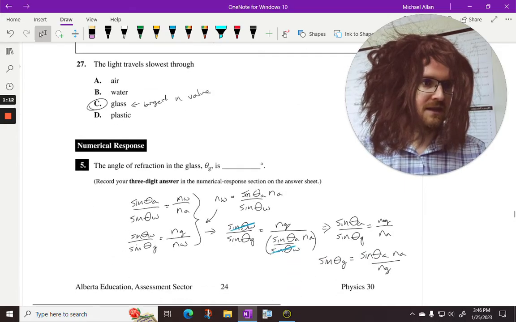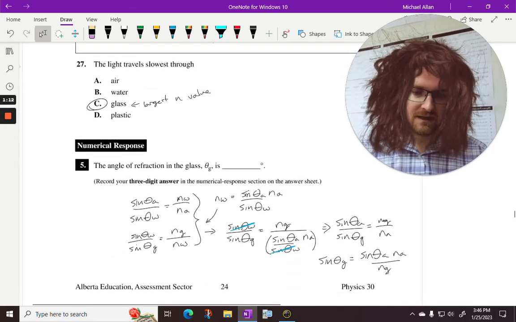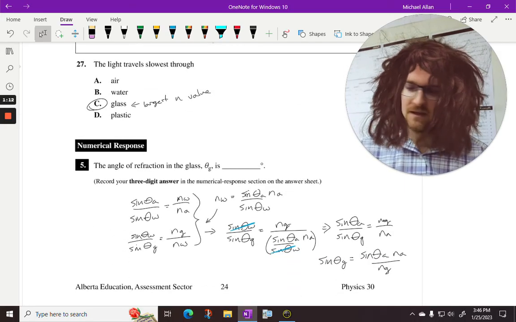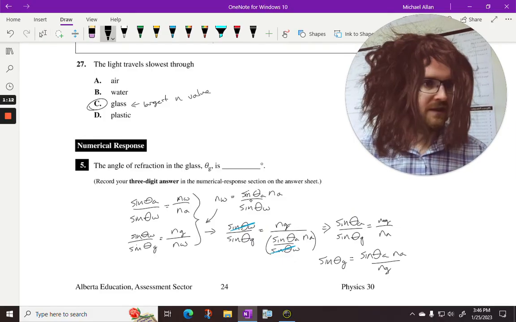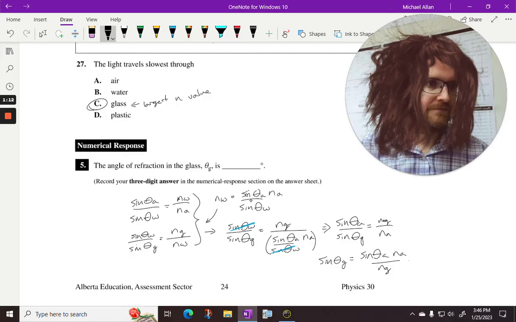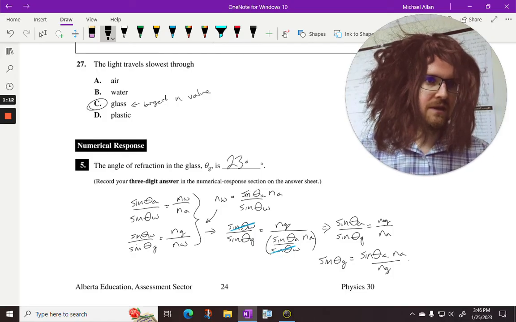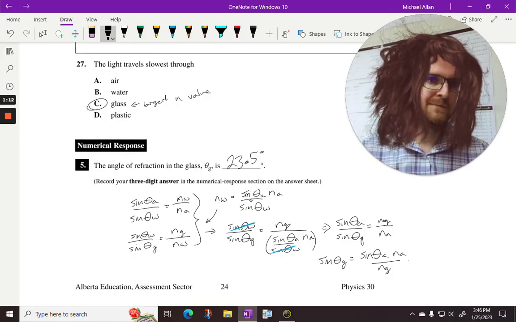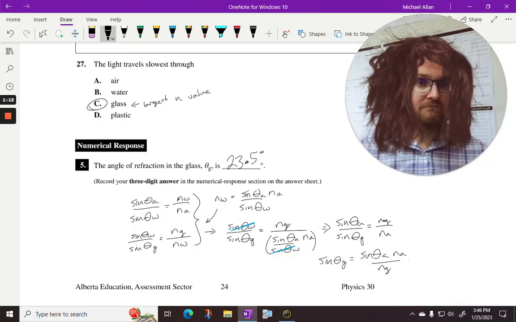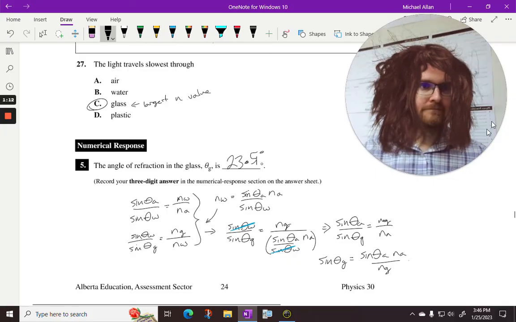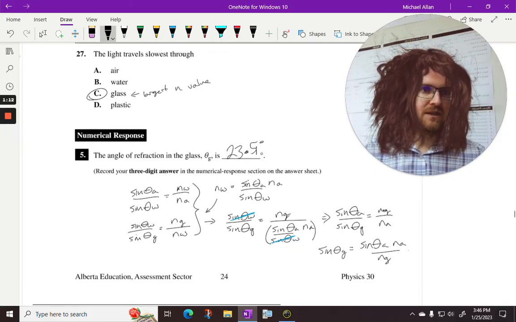I didn't write that there. And then take the sine inverse of my answer. So 23.5 degrees. Yeah, there we go. It's a lot of work to show that you didn't need the water.